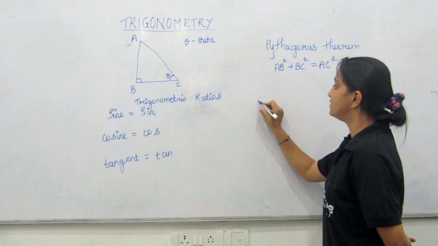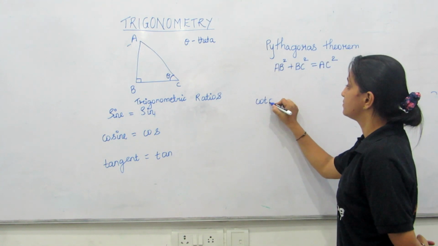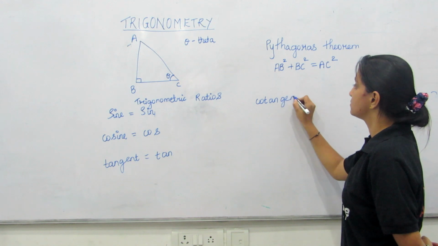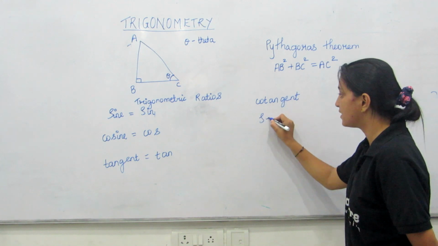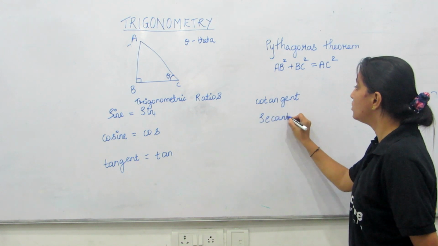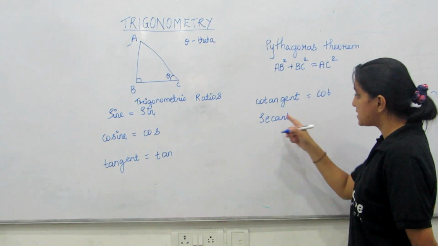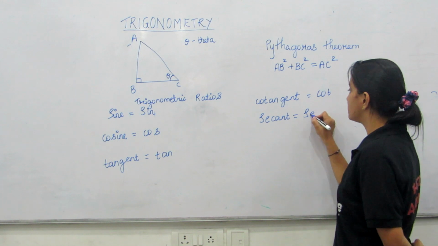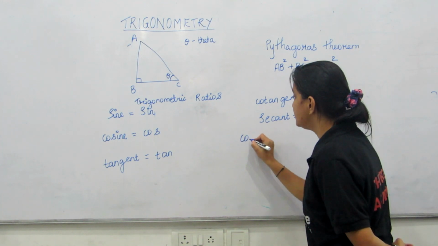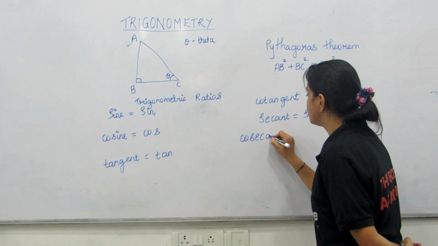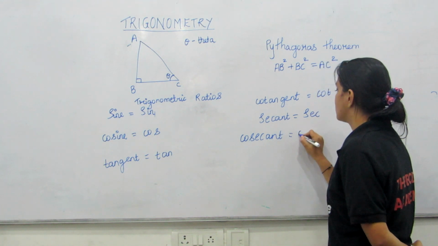Then we have cotangent, called cot in short form. Secant is called sec. And cosecant is cosec.